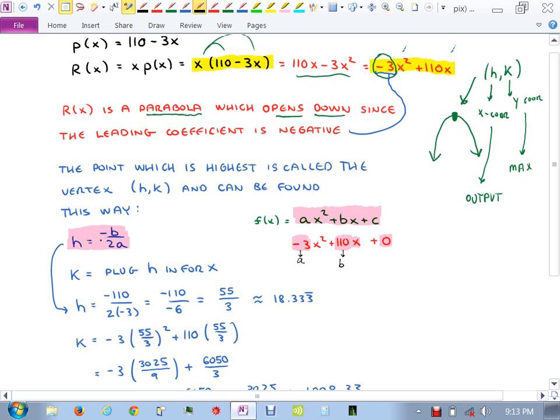So to get h, I calculate negative b over 2a. Negative b is negative 110 over 2 times a, but a is negative 3. Now I'll multiply 2 times negative 3 and get negative 6. I have negative 110 over negative 6. Negative over negative is positive, and then I reduce the fraction, meaning I look for a number that can go into both.